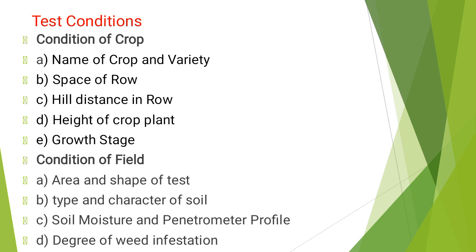And the condition of the field contains the area and shape of the test field, type and character of the soil, soil moisture, penetrometer profile, degree of weed infestation, adjustment of the implement, travel pattern of machine, operating speed, skill of operator.